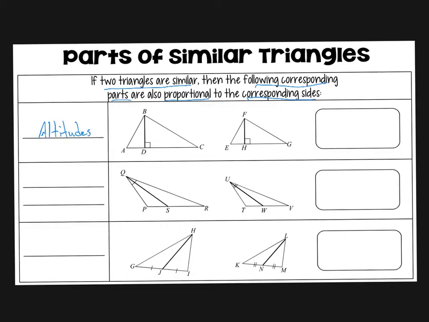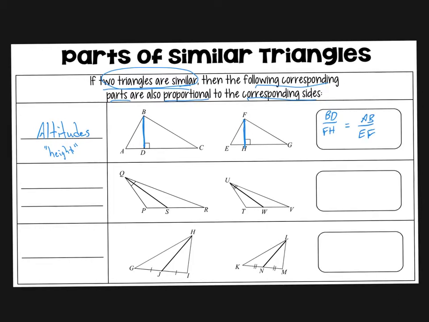Altitudes. You can think of altitudes as sort of like the height of the figure, right? So this is our altitude right here, and this is our altitude over here. So if the triangles are similar, then over here we'll say that BD is to FH the same as AB is to EF, right?